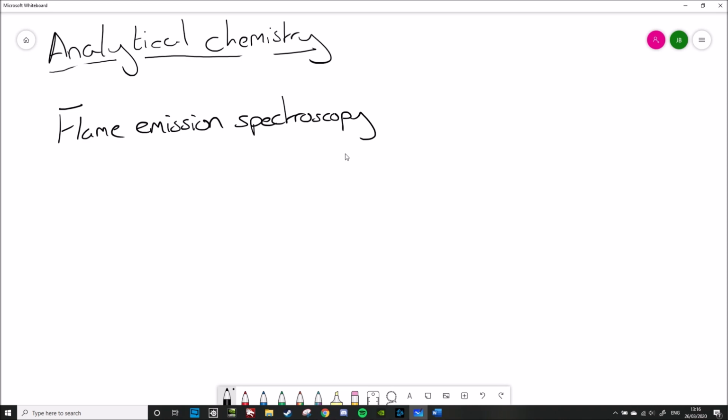Now, every single element emits their own wavelength of light, and you will be given different emissions, and you've just got to compare them to what data is given. I'll try and find a question to go with this to look at, but without looking at the question, there's not a lot to do, but it is all about matching up patterns.